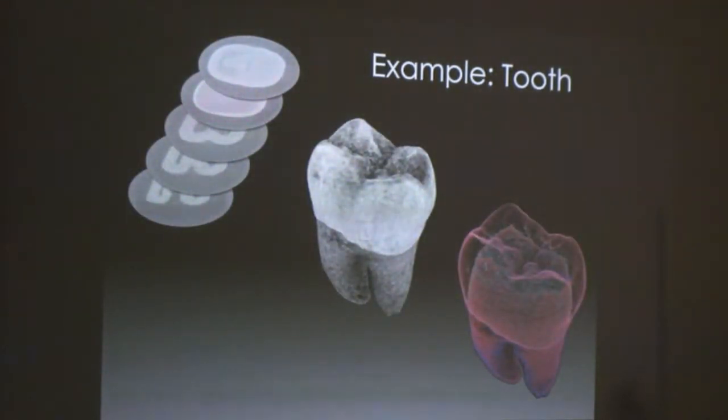Now, this is an example. Here, I have a tooth. So suppose you've scanned it, and you've got these slices here. So the bottom slice would be a slice through here, then this one through here, and so on. So you've got a volume of these slices. Now, you would cast rays into this volume, which would sample in different places.